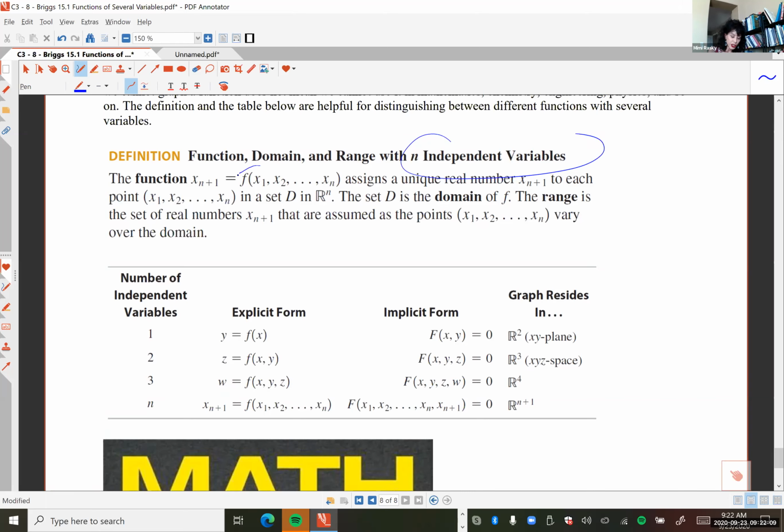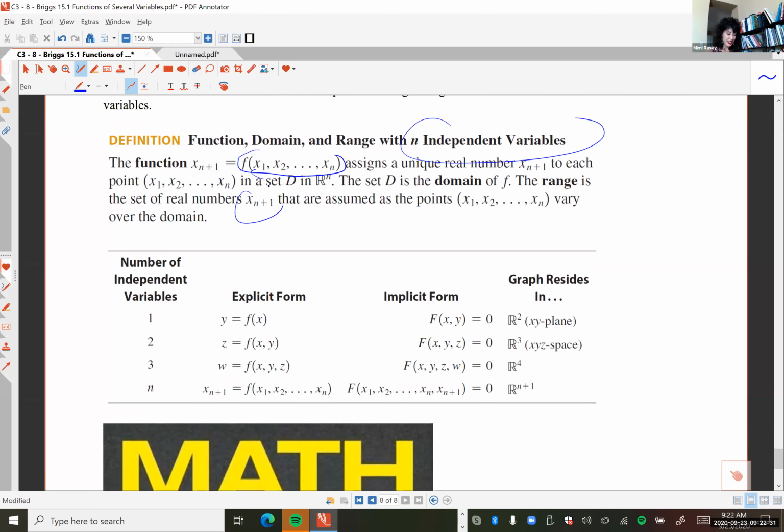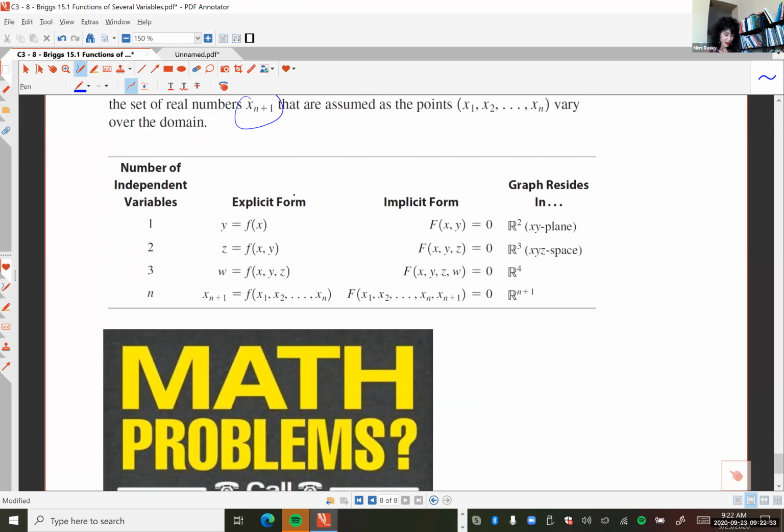If you had a function like this with all the variables in its domain, x1, x2, all the way up to x sub n, then it would assign some real number to that function. That's the idea. The domain is n-dimensional space, and the range is in n+1 dimensional space.